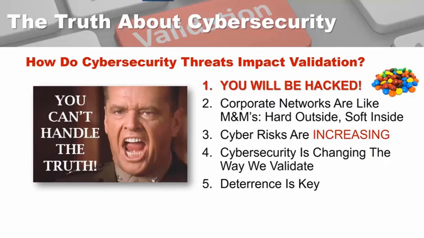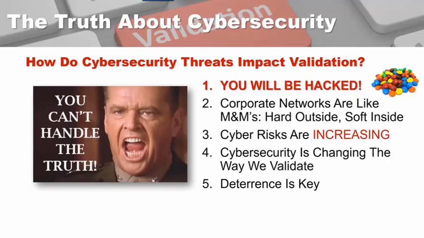And they say corporate networks are like M&Ms, hard on the outside, soft on the inside. Cybersecurity risks are not decreasing, they're increasing. And it's changing the way we validate. So I want you to think about this. As you're sitting here listening to this presentation with the threats of cybersecurity, how would that change the way you look at validation of Dynamics 365?